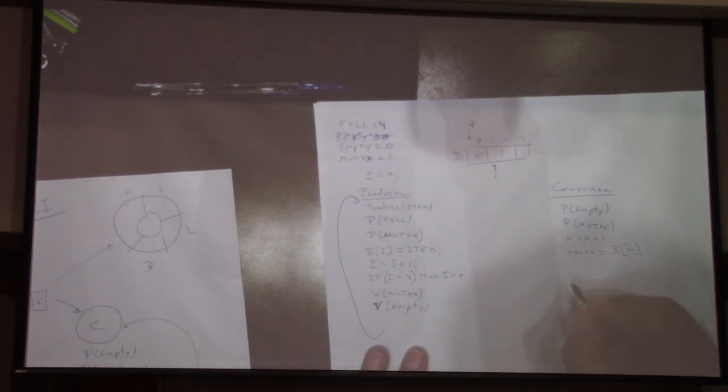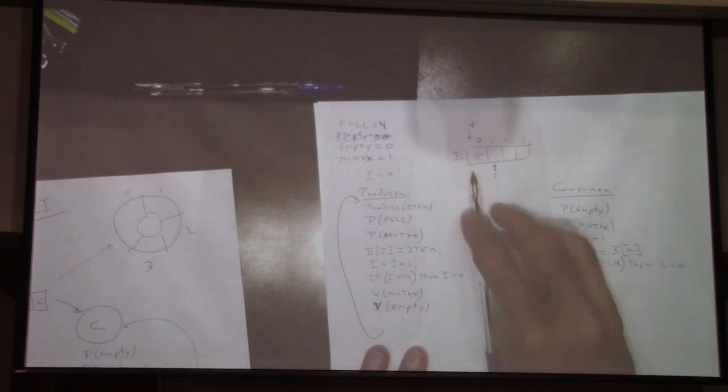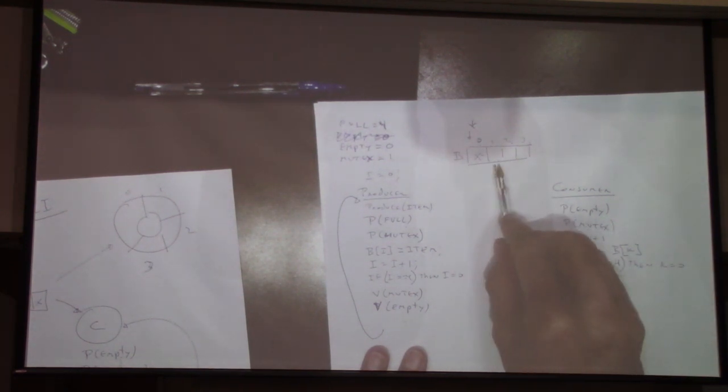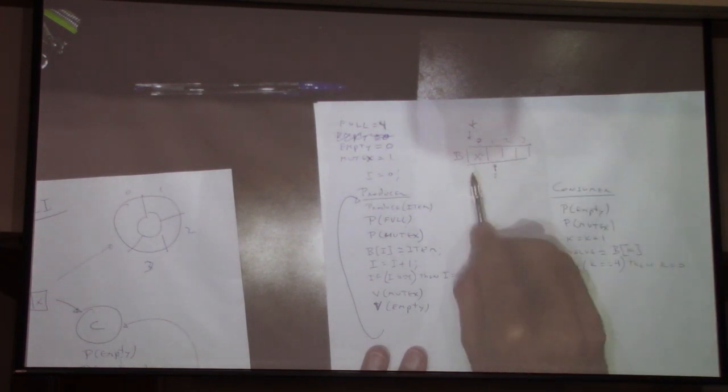After that, the same thing. We have to check if k is equal to 4. Then k equals 0. Same thing, if we consume this item, and then this item, and then this item, and then this item, we have to go back.